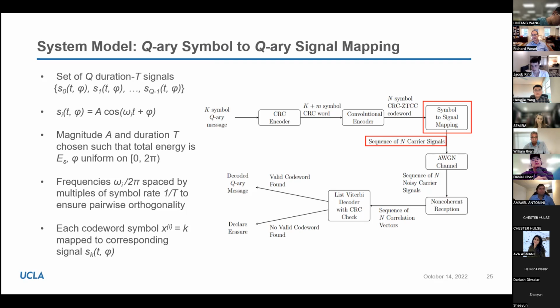As you increase the number of frequencies Q, you approach the Shannon limit, because your throughput goes down and your overall code rate goes to 0 as Q increases. So you get Eb over N0 of roughly minus 1.59 dB.